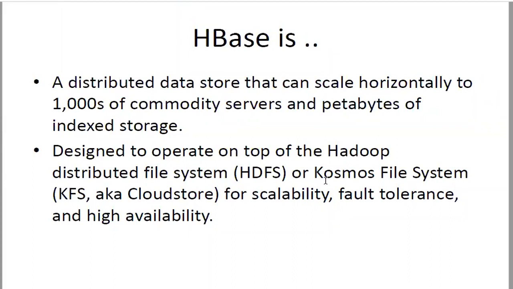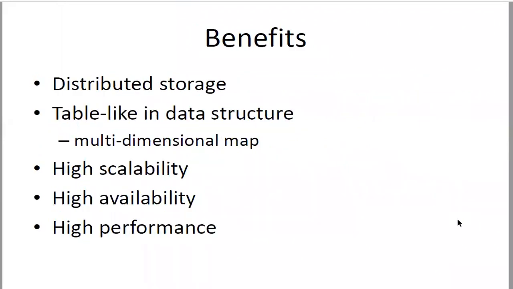So these are the three properties you can see here. It is very much scalable, and fault tolerance is also there because it is providing horizontal scaling. And then it is highly available, that is, data is highly available here. What are the major benefits we can get out of HBase? As it supports a distributed environment or distributed storage, that is one of the key advantages. And then a table-like data structure.